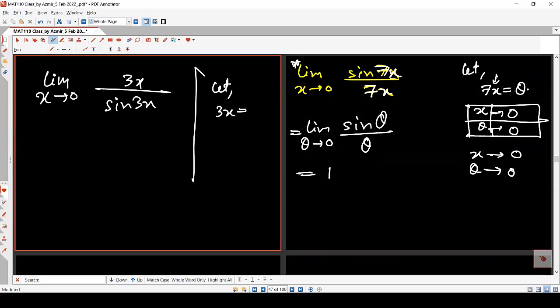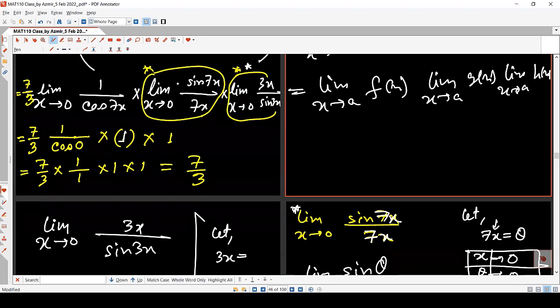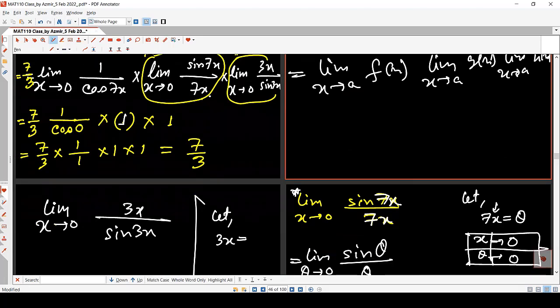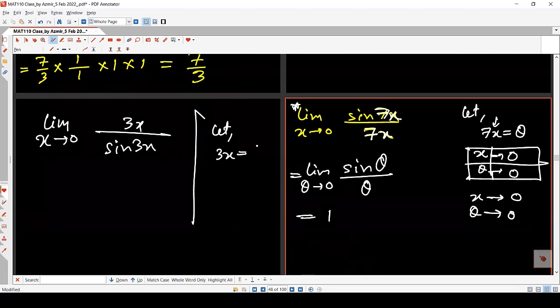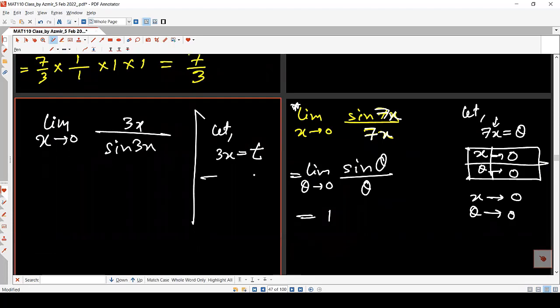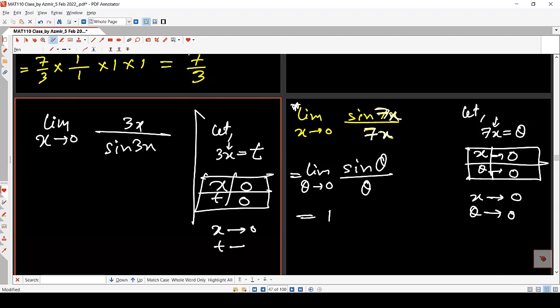Since we already have theta for the same problem, it's wise to take another variable, let's say t. So we are plugging in x as 0. When x is 0, then t is also 0. So x is approaching 0, that means t is also approaching 0. So limit x tends to 0 means we can now write t tends to 0.